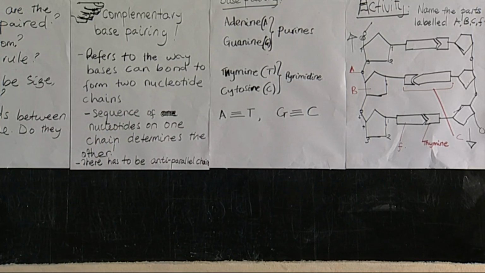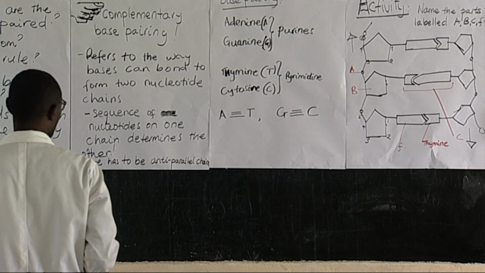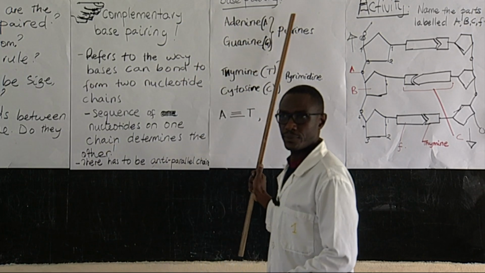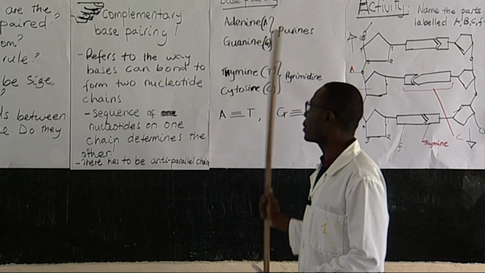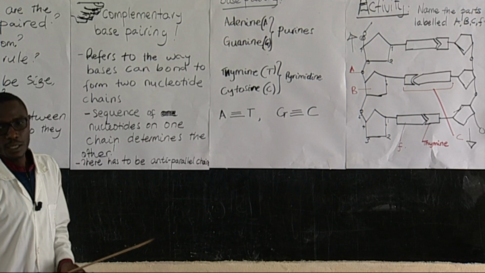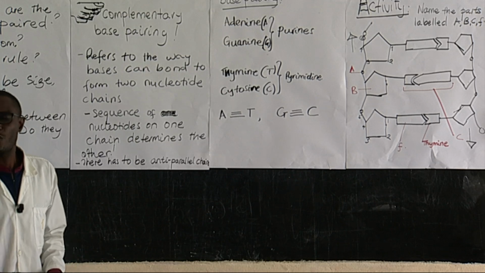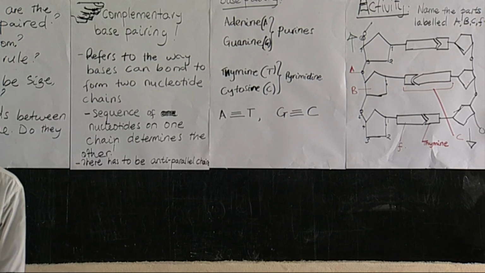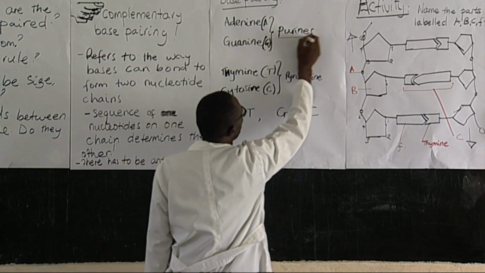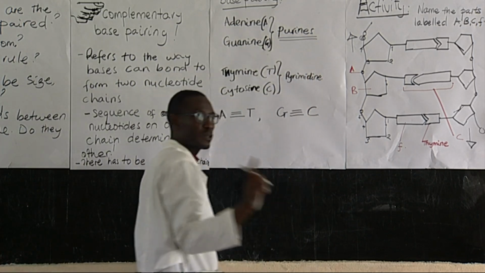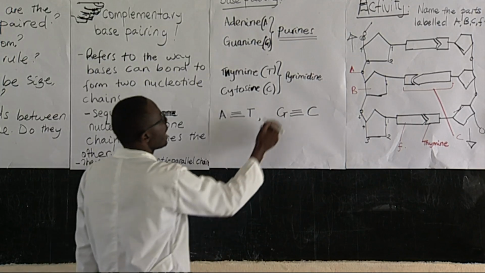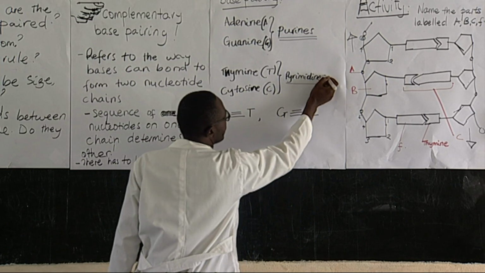Next, in the process of base pairing, so we are still moving on. In the process of base pairing here, you have 2 categories of the 4 bases we were looking at the beginning. You have the purines, which are the large bases. We looked at them in the previous lesson, so you need to remember. And the pyrimidines.